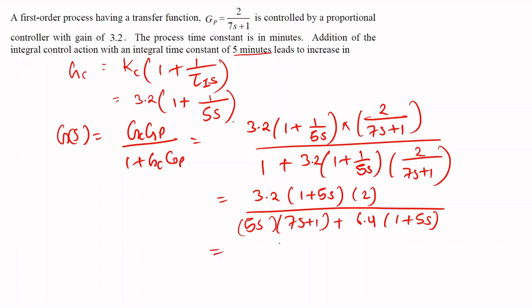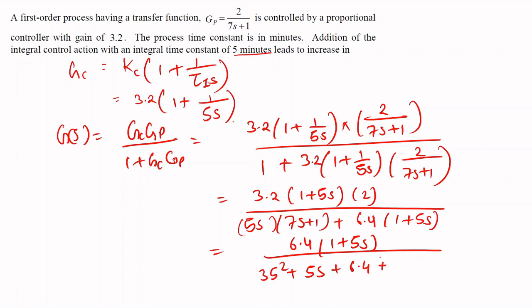So we can finalize this as 6.4 into 1 plus 5s, and on the denominator it will be 35s square plus 5s plus 6.4 plus 6.4 into 5, that will become 32s.